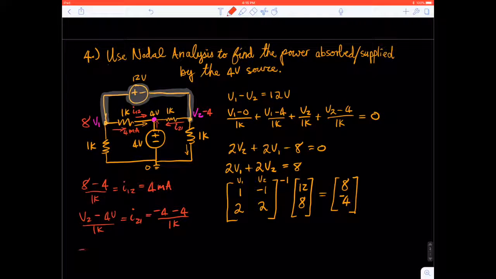If we simplify that, we get minus 8 milliamps. So now you know I21 is minus 8.